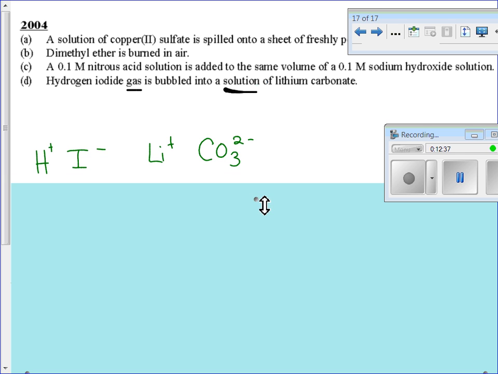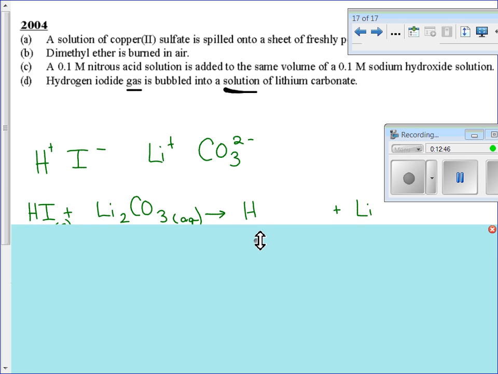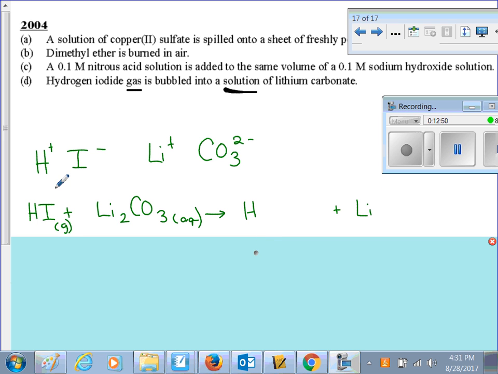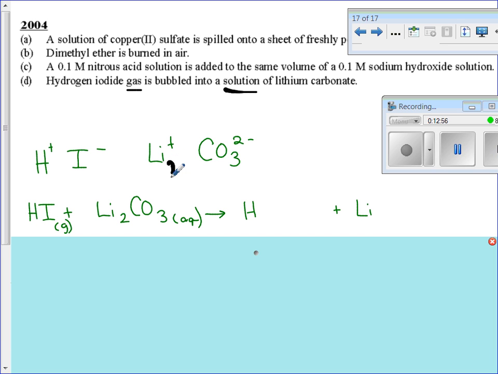So again, list what your ions are. Hydrogen +1, iodide -1, lithium +1, and then carbonate's going to be -2. So when you go to make your compounds here, your +1, -1 charges will cancel, but you need 2 of these lithium ions to balance out that -2 charge on the carbonate.